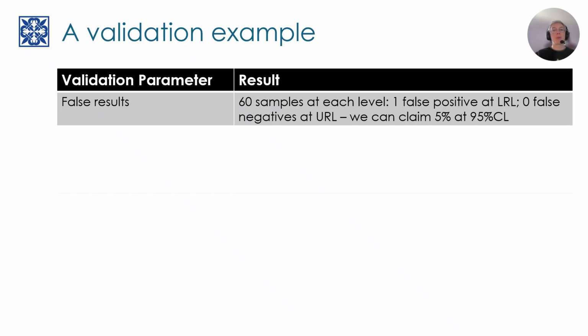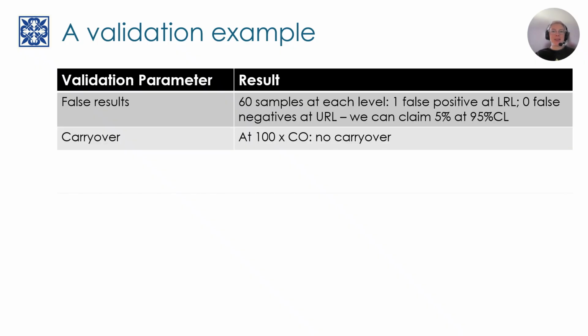We're able to report a method with no more than 5% false results at the 95% confidence level. But of course, remember, we've been quite focused on the false results rate, but there are other elements that we need to check for in a qualitative method. So we look at whether carryover occurs after we inject samples at 1,000 micrograms per mL of GHB.